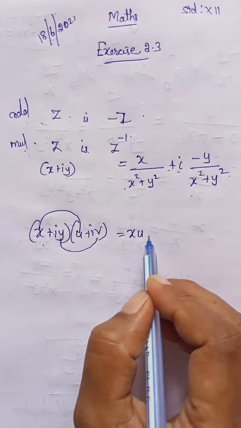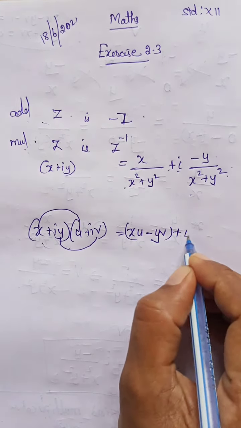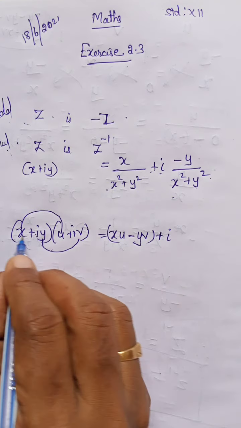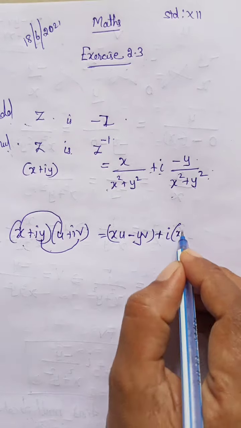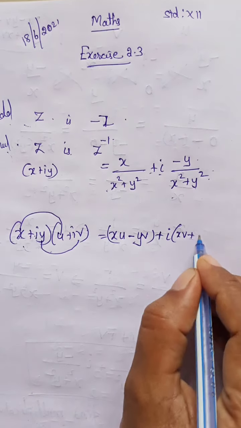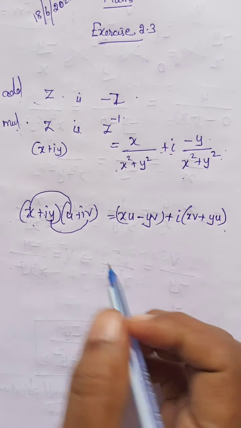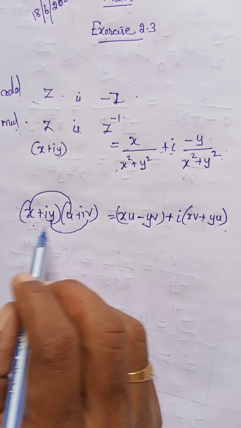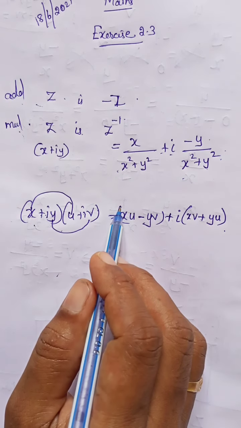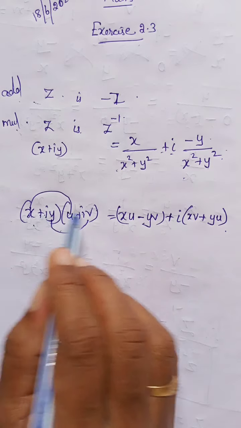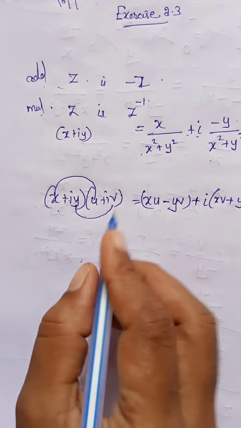The imaginary part is xv plus yu. Sometimes, in place of multiplying in 2-3 steps, you can write it directly. Or if you multiply, no issue. Now shall we move to the problem?